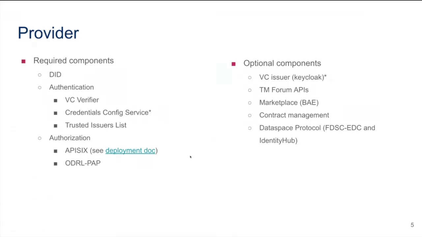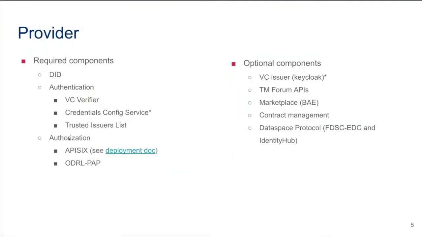Okay, so starting with the provider role, the required components of the FIWARE Data Space Connector are the DID. You need something that serves the DID. You also need authentication components, more specifically the verifiable credentials verifier, the credentials config service, and the trusted issuers list. I put a star on the credentials config service because in the new versions of the connector, this component is embedded in the verifier, so you no longer see the credentials config service.